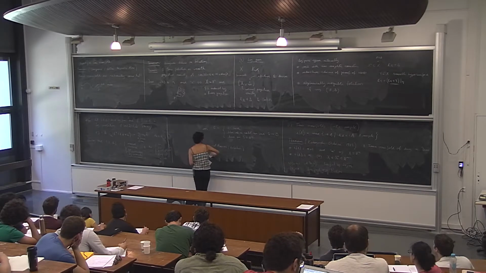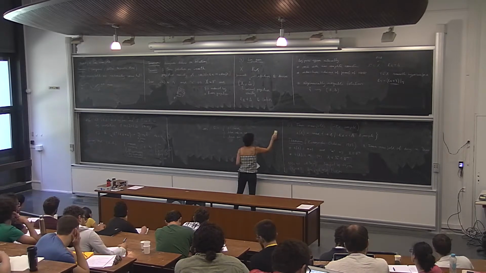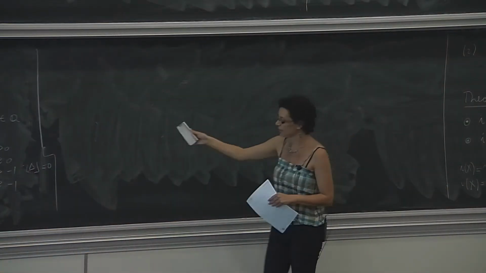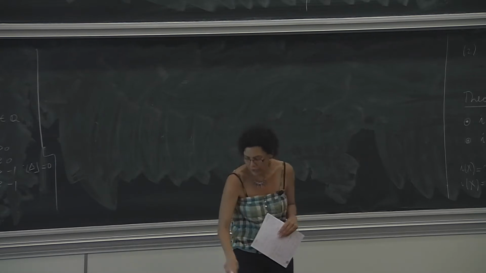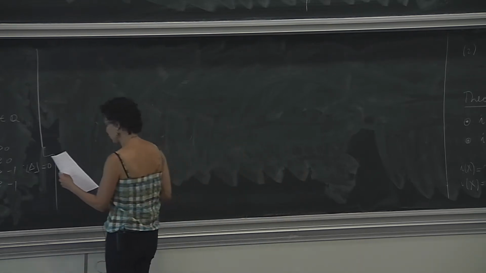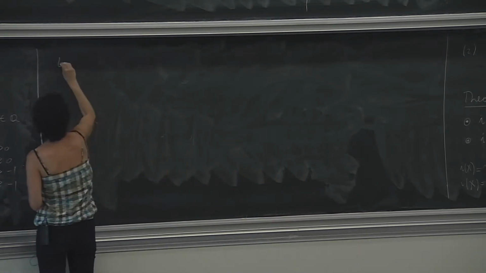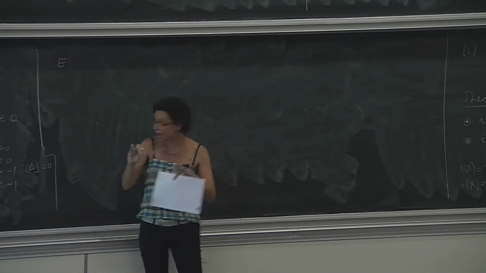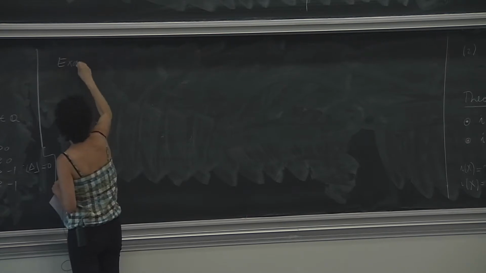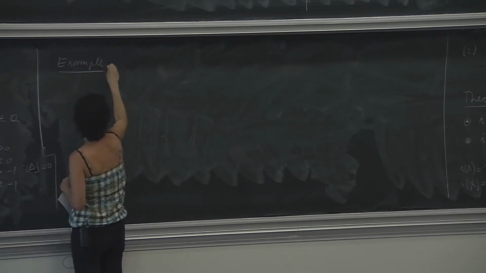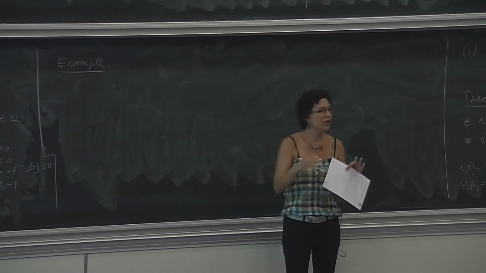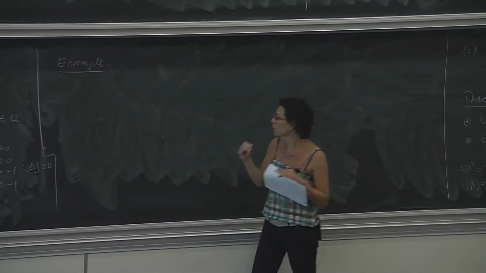So let me just remark, and if you're not used to that, I don't expect that you are going to grasp this definition so quickly, but let me tell you the example that you should keep in mind, and this is everything that we are going to need. The most important example is the case of a smooth variety together with a simple normal crossing divisor.